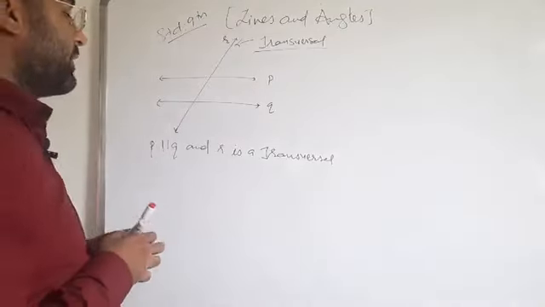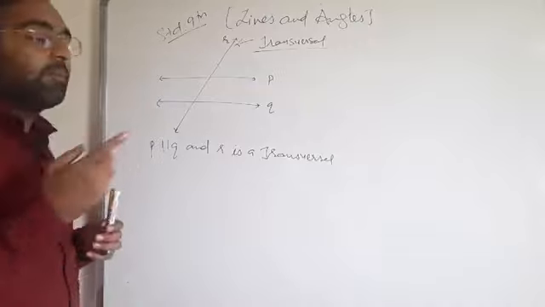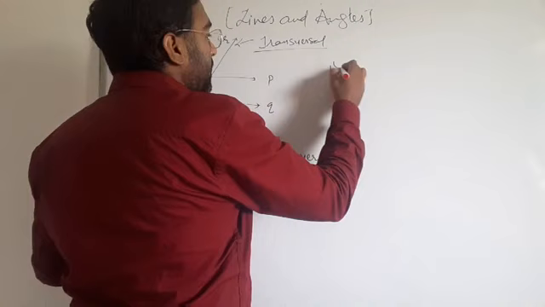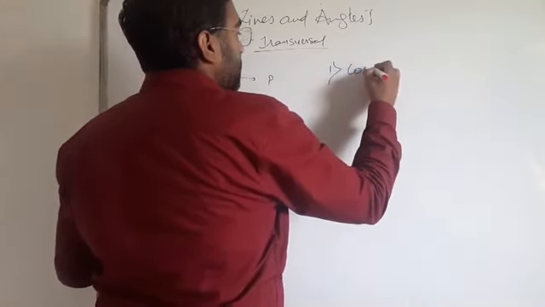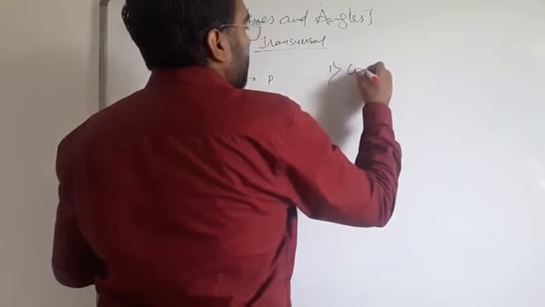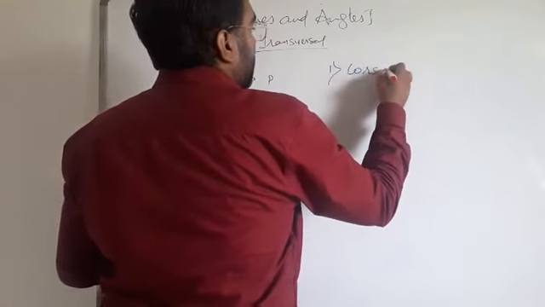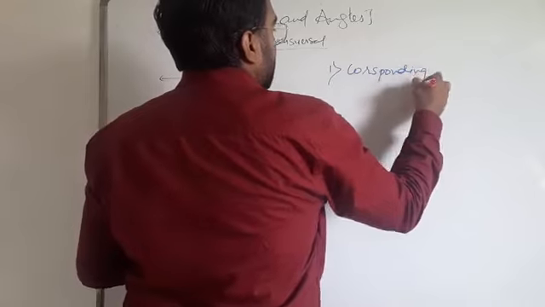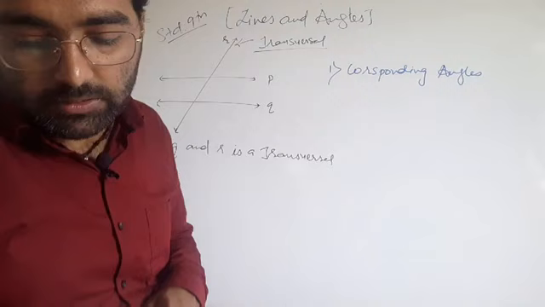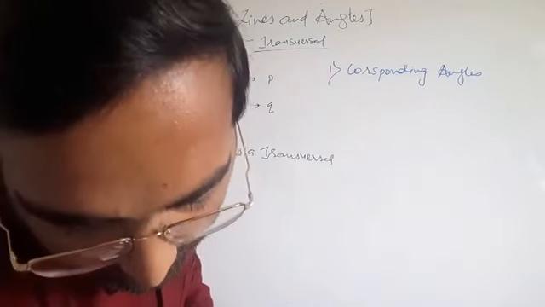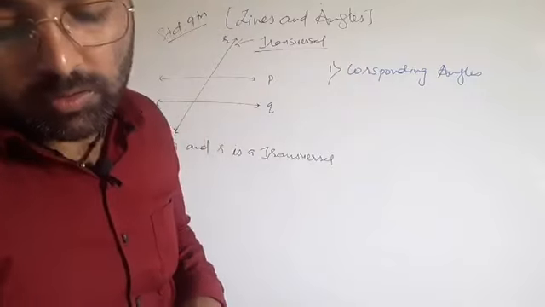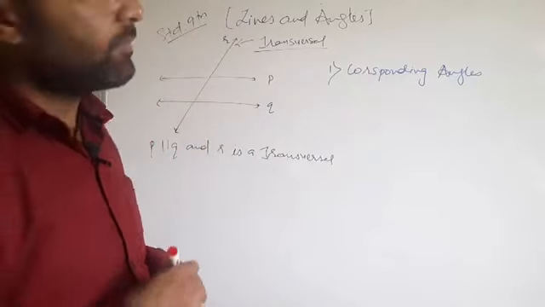That pair of angles we have to call one of them corresponding angles, second alternate angles, and the third co-interior angles.